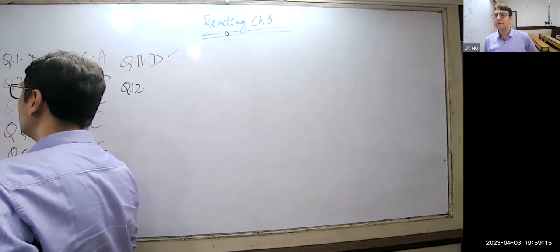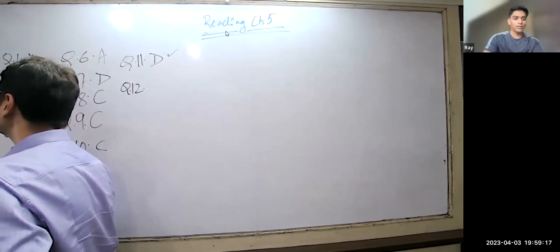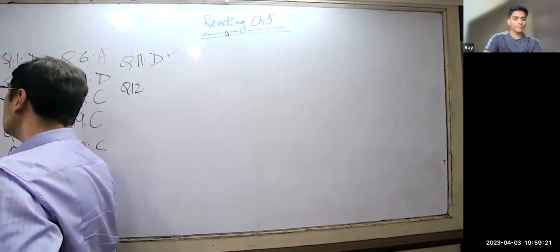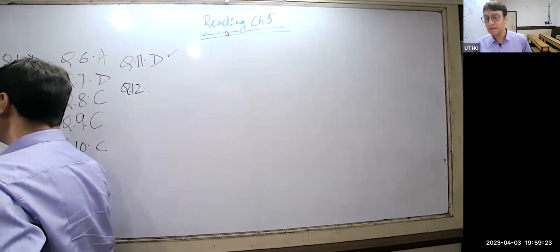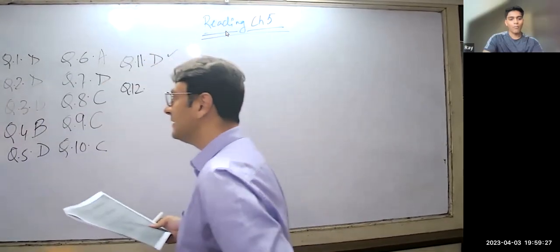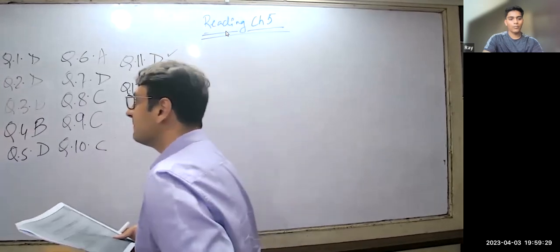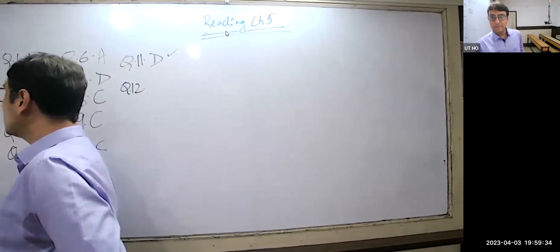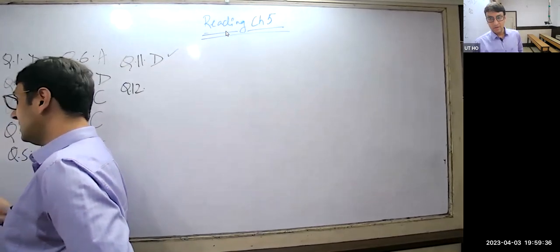Go ahead. Which one? The second word. Not the second option, option B. Option D. Accessible. No, option D. Subversive. Yeah.